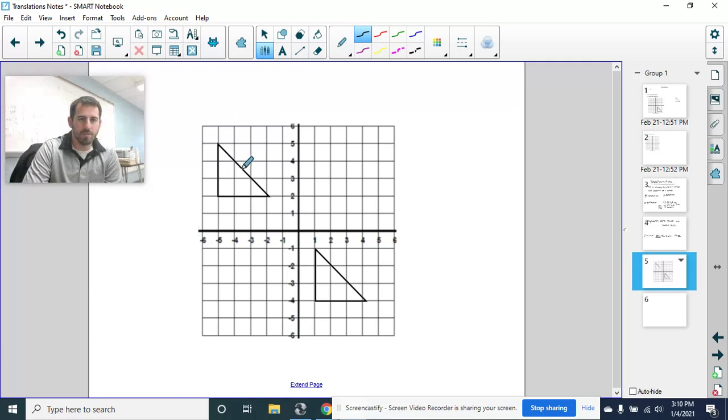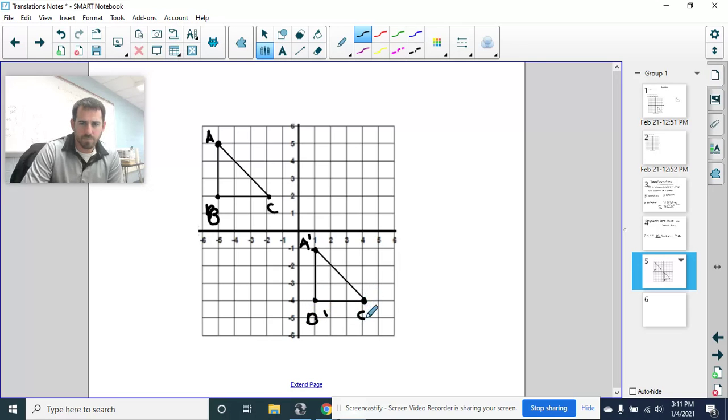Now, if I were to tell you, hey, describe to me how you got from triangle A to B, all you would want to do is look at a point. Most of the time, it will be labeled A, B, C. Let's say this one's A, B, and C. And then this one is going to be labeled A prime, B prime, and C prime.